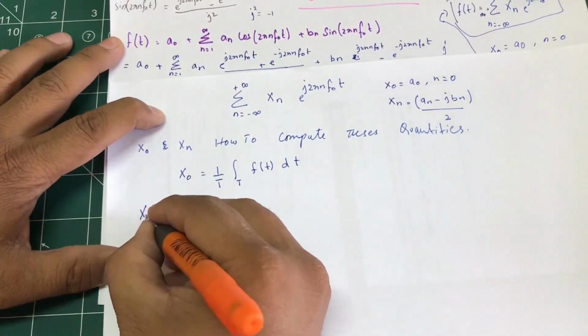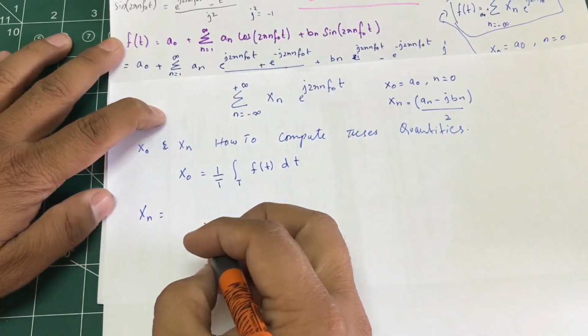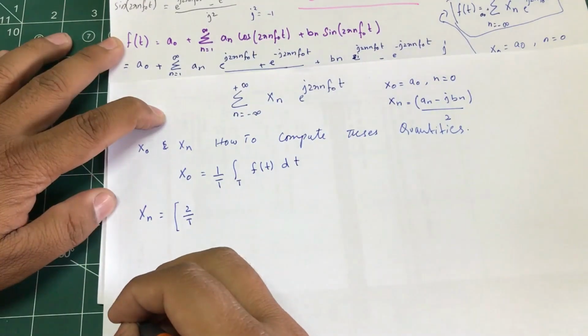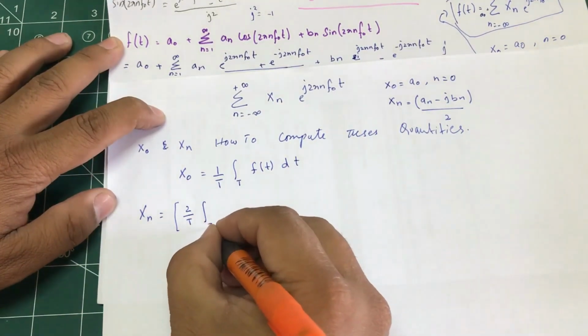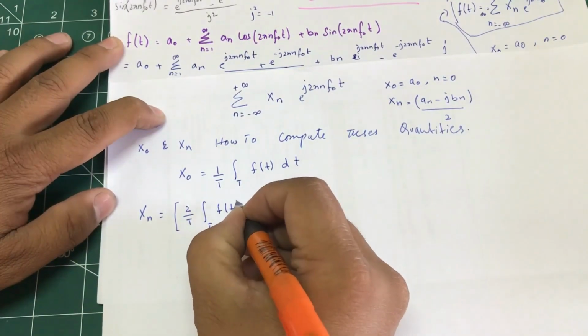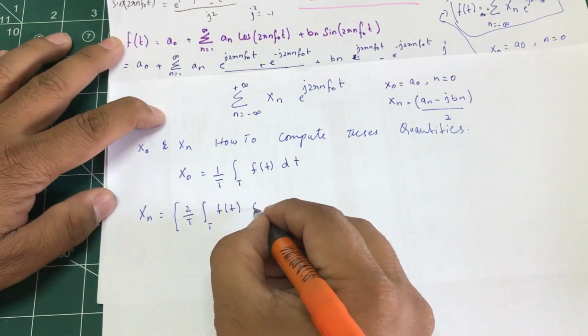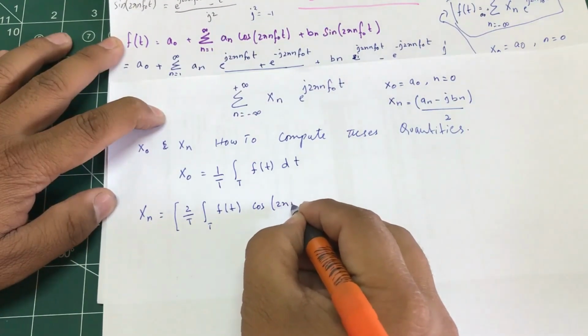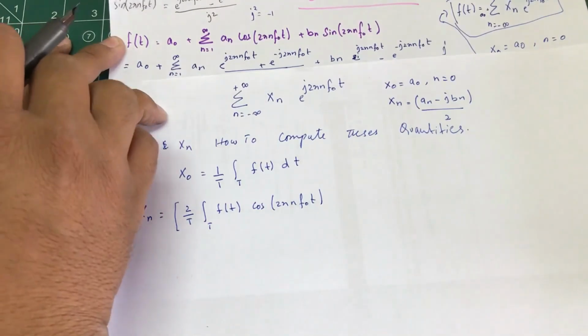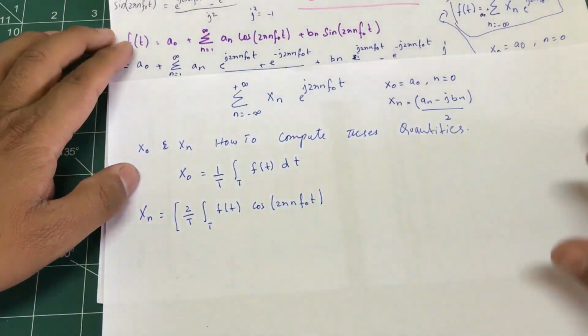But what about xn? xn is going to be 2 over T integral with respect to t of f of t, remember we started off with f of t cos 2 pi n f0 t, right? I hope you remember this.